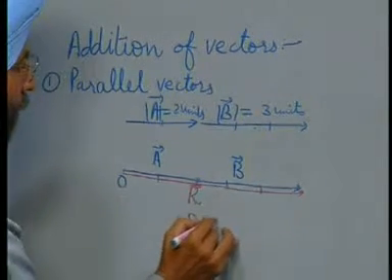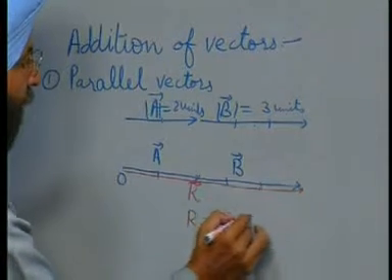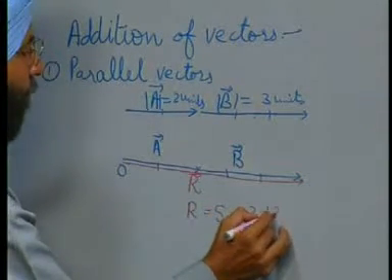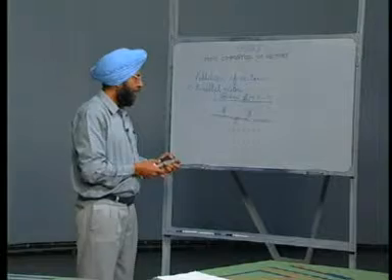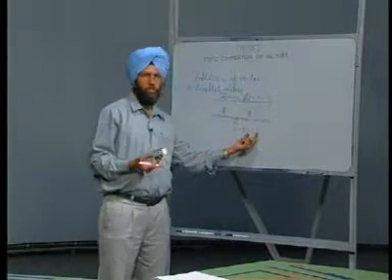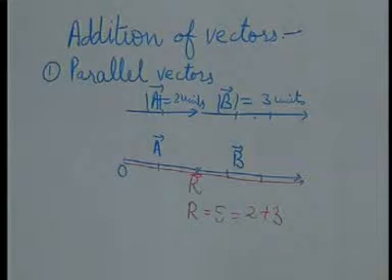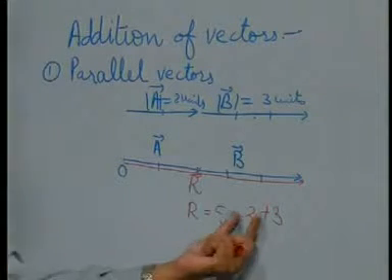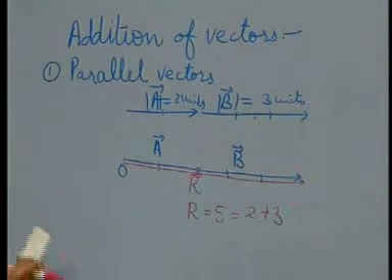R is equal to 5, that means 2 plus 3. Here we are using algebra, where we can make plus or minus. Here we are simply adding the two magnitudes.